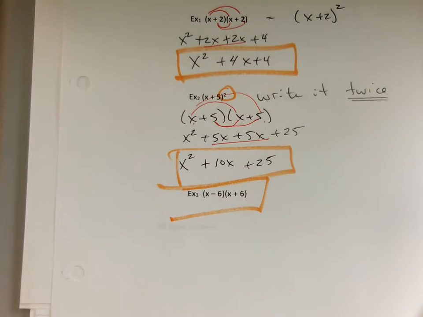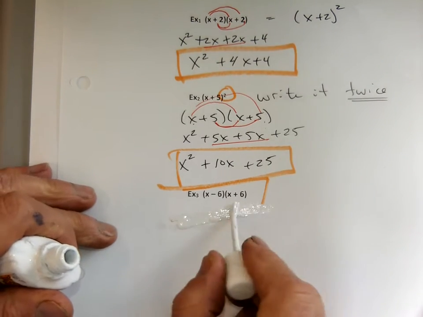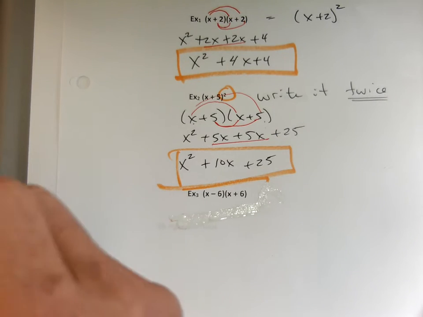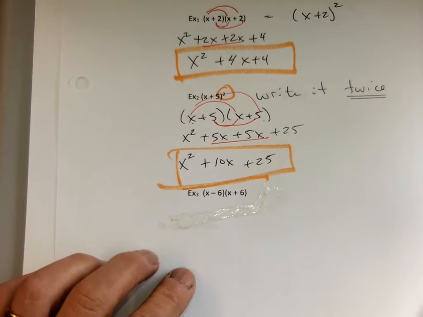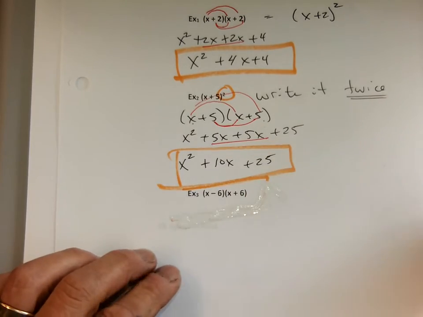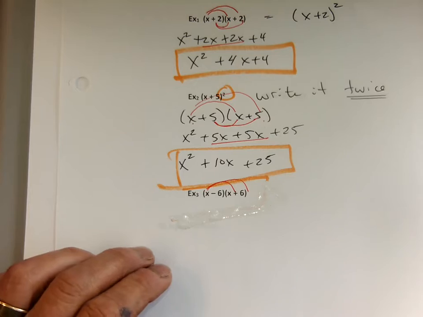How am I doing? Doing okay? Now let's take a look at example 3. So a shortcut, and I'll do it, but let's do it the long way first. Let's go x times x and x times a positive 6.